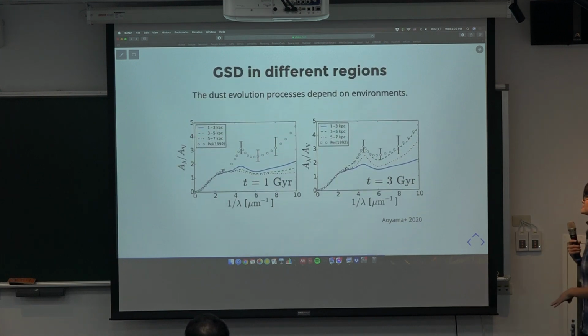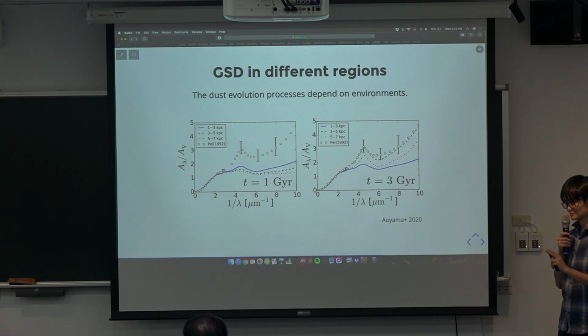And the second one, I would like to remind you, is that the grain size distribution actually varies within galaxies. This is a simulation conducted by Aoyama in 2020. He directly implemented the grain dust evolution code into a hydrodynamical simulation of an isolated galaxy.